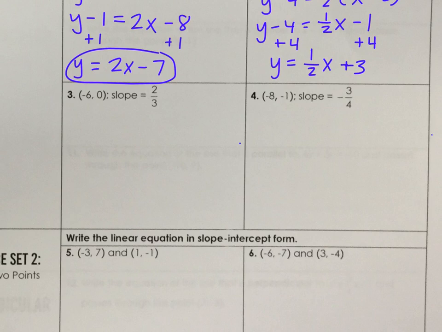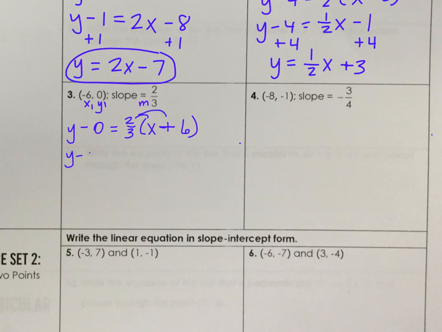All right, let's do these two. x1, y1, and my m. Y minus 0 equals 2 over 3 times (x minus negative 6). When I have two negatives, minus negative, two negatives make a positive, so I'll just do x plus 6.